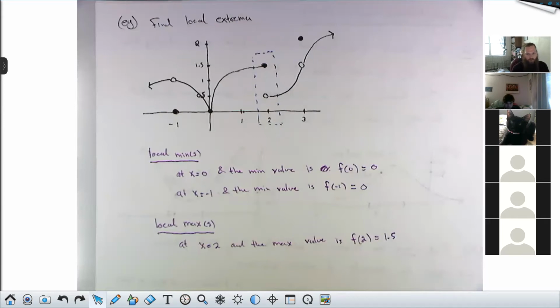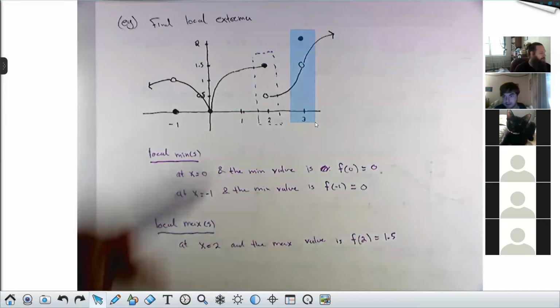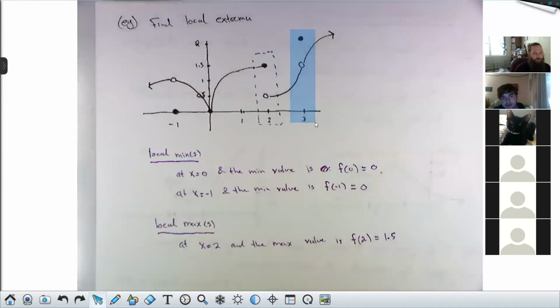Are there any other local maxes? No? 3. Yeah, over here at 3, right? If I put a little window around the graph where x is equal to 3, that filled in point right up here is the tallest point in that window.